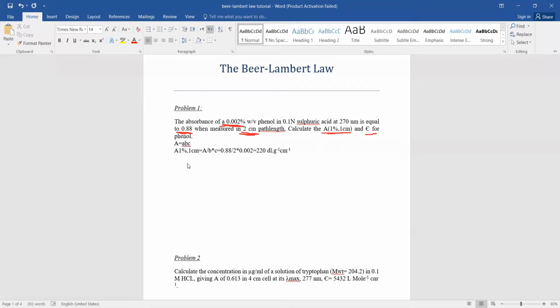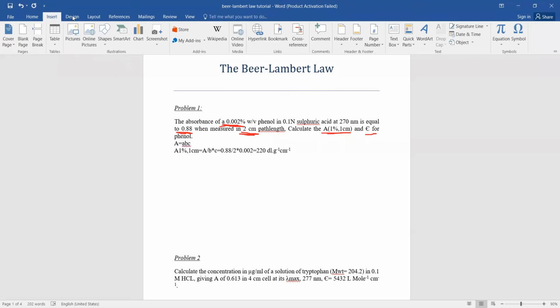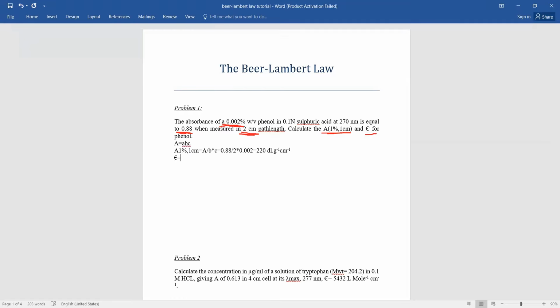Okay, so we have a rule to convert the A1% to molar absorptivity or epsilon, which states that the epsilon equals A1% 1 centimeter times the molecular weight divided by 10.